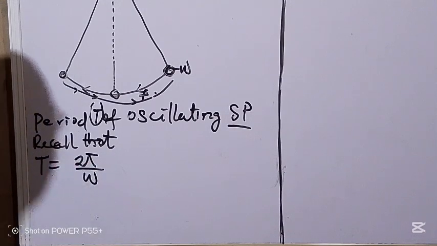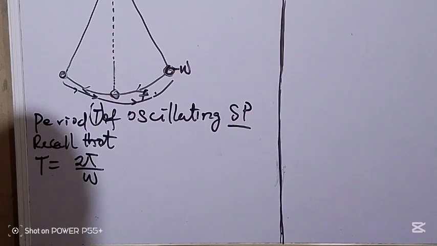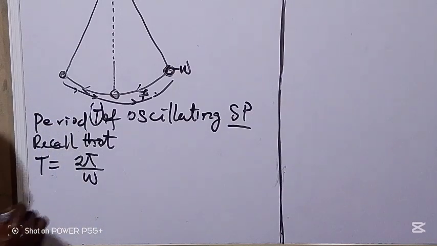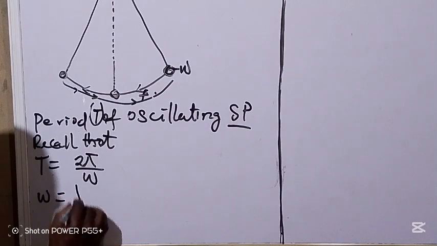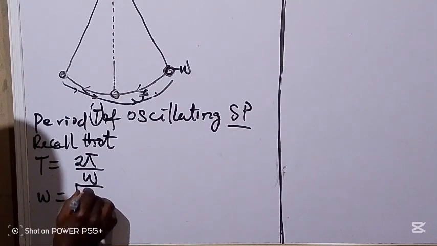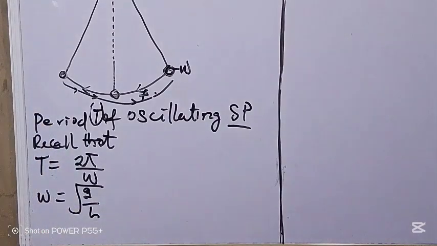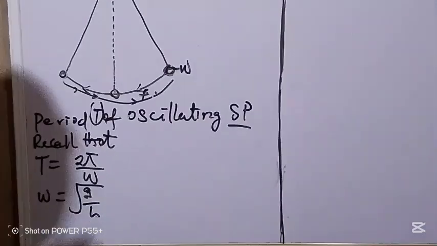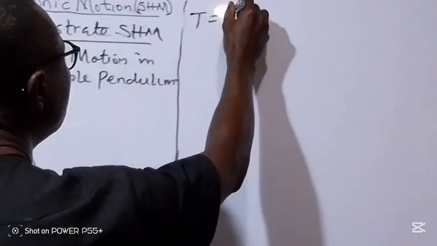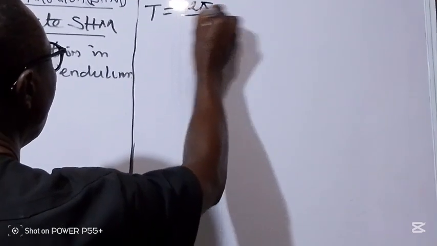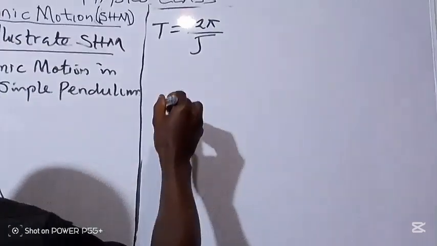And from what we just finished, omega is equal to the square root of g over L. To substitute for omega there, we are going to have 2 pi over the square root of g over L.